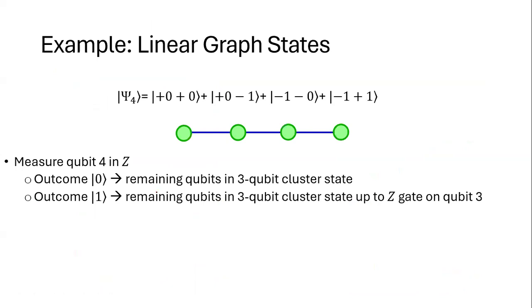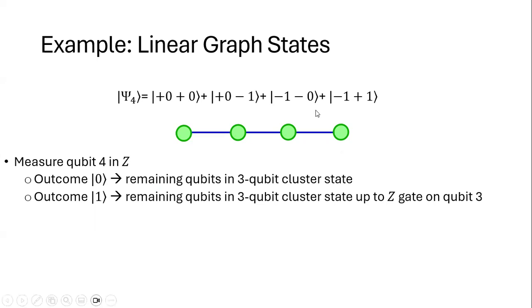If you start by measuring the Pauli Z operator, so let's say you measure the Pauli Z on the fourth qubit, a subtlety that we have to remind ourselves is that that qubit will be removed from the graph state, but there's an operation that we have to do. So that one I didn't mention in the previous slide. Here I'm mentioning it, that based on the outcome, you may or may not have to do a certain change.